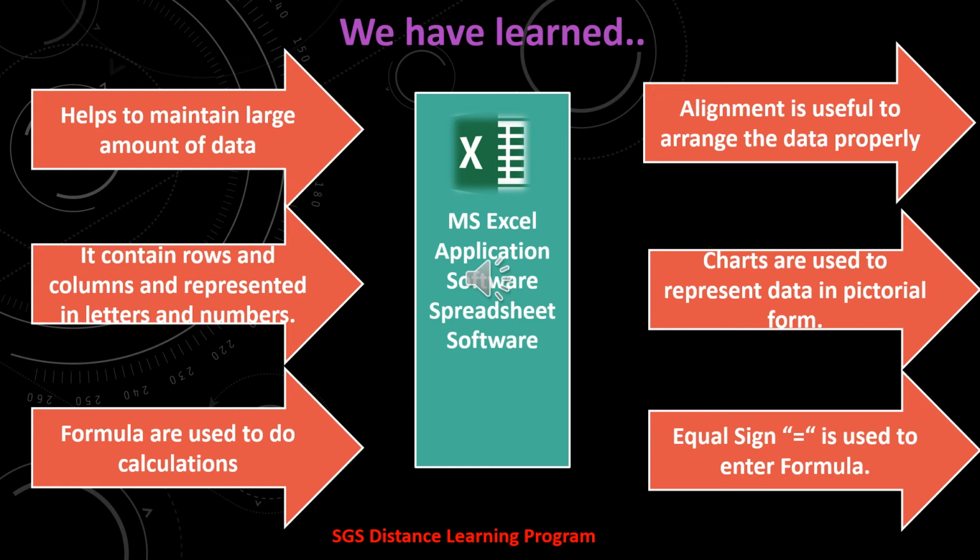We can do calculation through inserting formulas. Rows and columns are a part of the Microsoft Excel window, which is represented in numbers and letters for recognition. And lastly, we can set different alignment including center alignment, left alignment, right alignment according to requirement and demand of desired data.